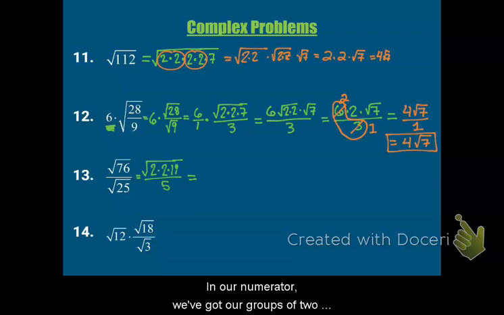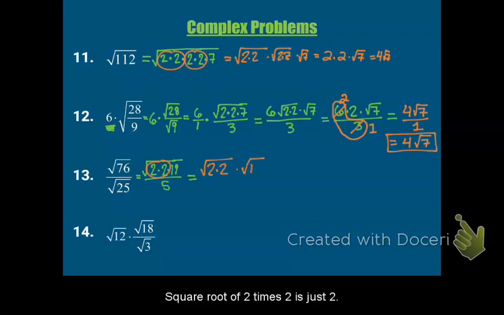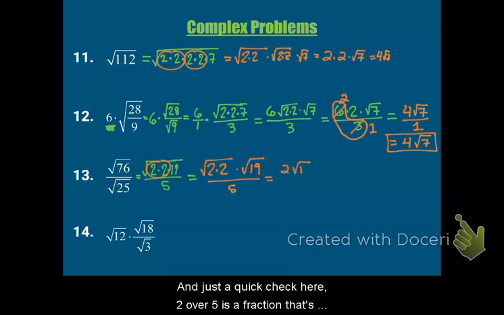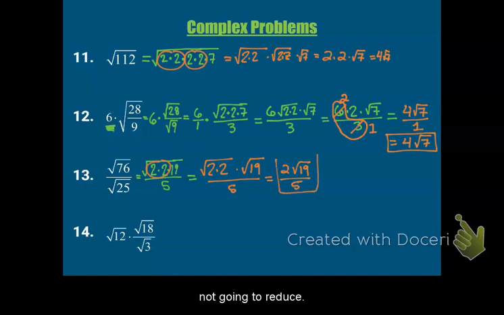In our numerator, we've got our groups of 2 and our singletons. Square root of 2 times 2 is just 2. And just a quick check here, 2 over 5 is a fraction, that's not going to reduce. So we just have 2 root 19 over 5.